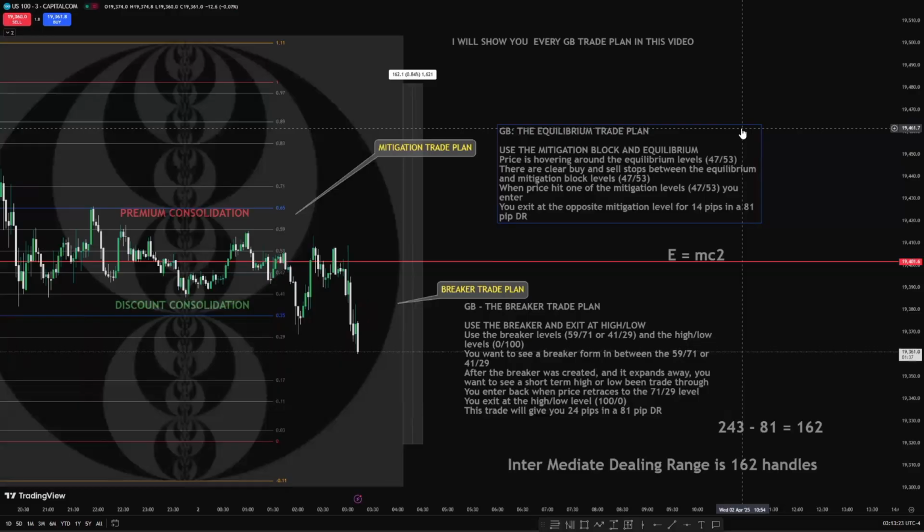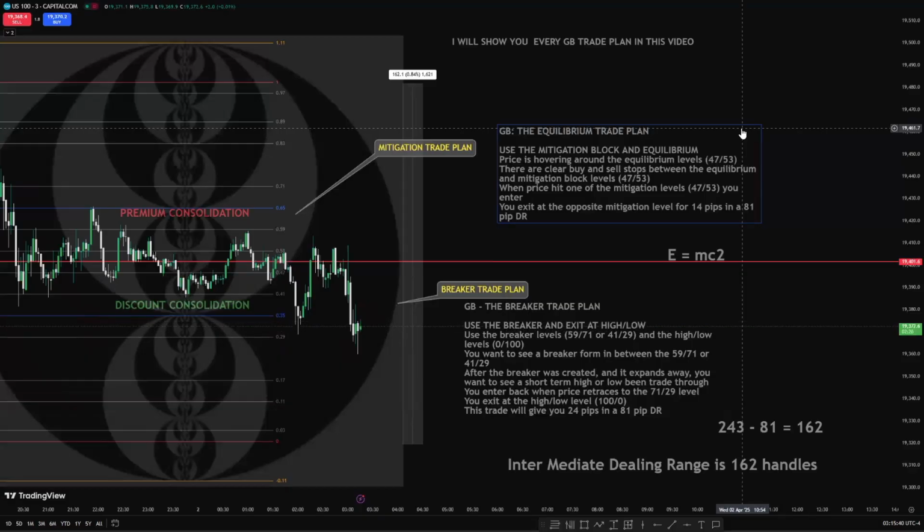When price retraces back to the 71 or 29 level, that's our entry. Our exit is at the high or low of the day, securing a strong 24 pips move in the 81 PO3 dealing range. This is a slightly more aggressive trade, guys, based on momentum reversal after a trap and break.